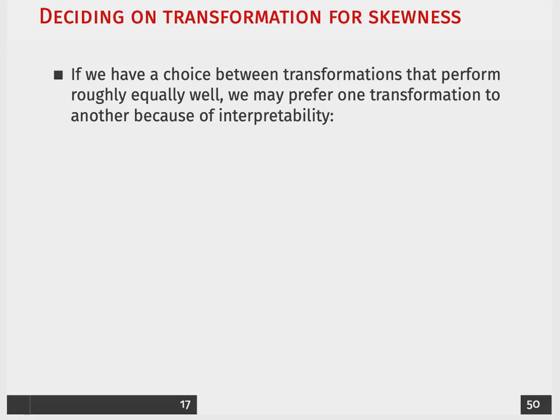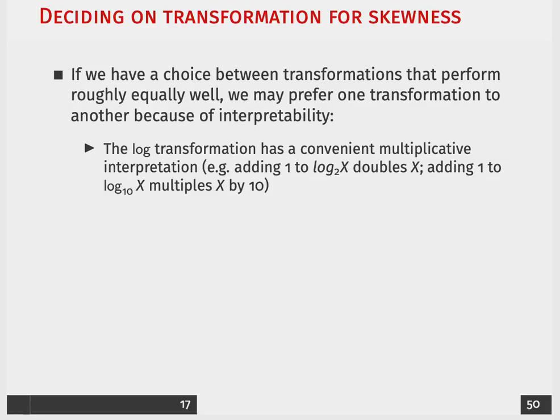So all this is to say that we have some decisions that need to be made as far as what transformation we want to use in order to correct for skewness. And again, this is really going to come down to how easy it is to interpret the transformation that we make. With log transformations, we have a convenient multiplicative interpretation. Remember, if we have log base 10, if we add 1, we're really multiplying x by 10.